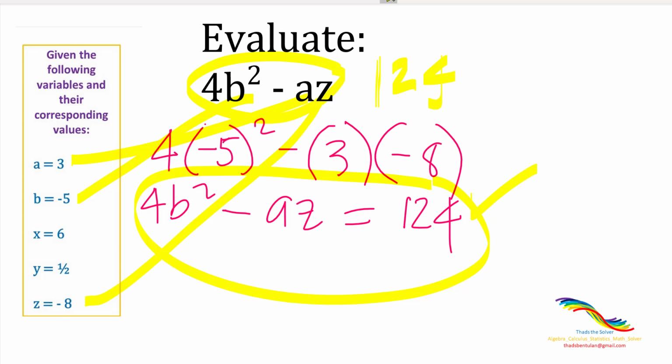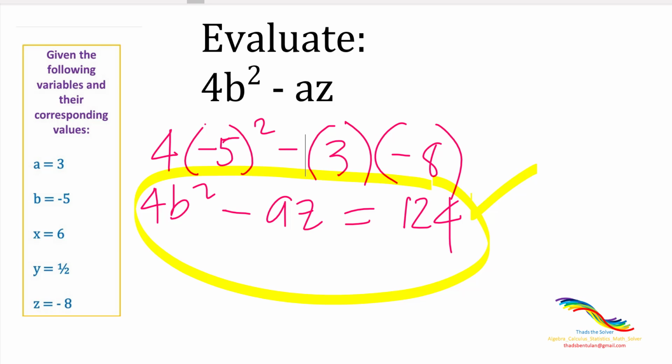The value of this expression will vary if the values of the variables also vary. And this is our final answer, 4b squared minus az equals 124, given the values we have mentioned earlier.